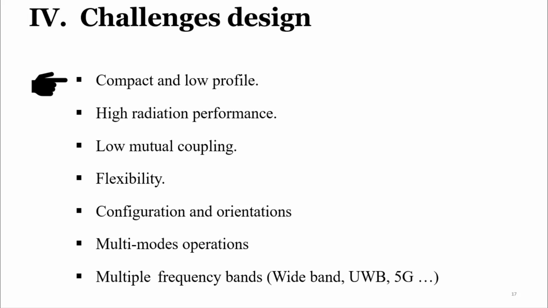So the more the frequency increases, the more the dimensions of our antenna decrease. Okay, so here I want to choose the high frequency to conceive my array antenna. Why? Because the more the frequency increases, the more the dimensions of our array antenna decrease.